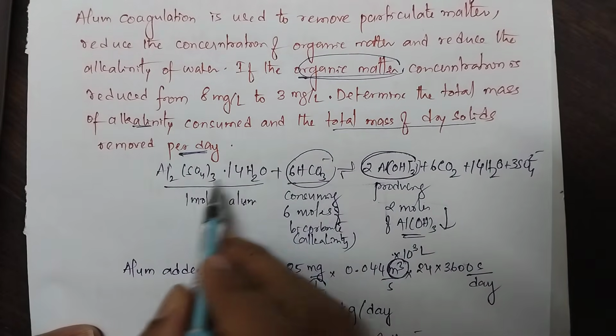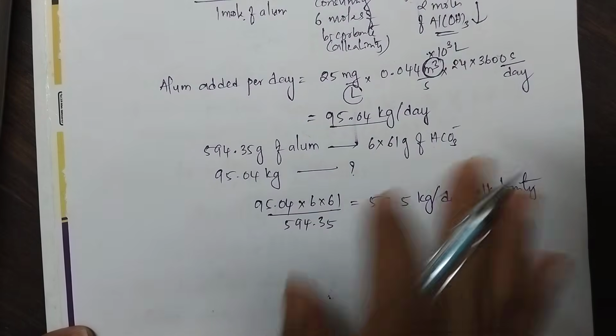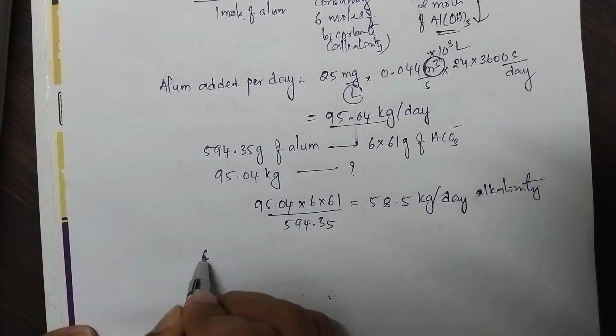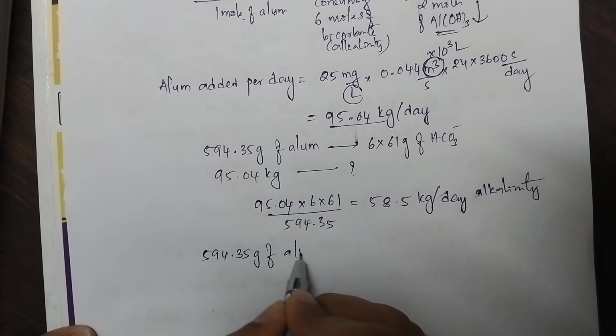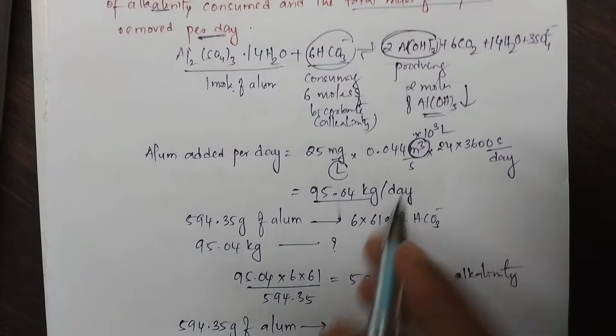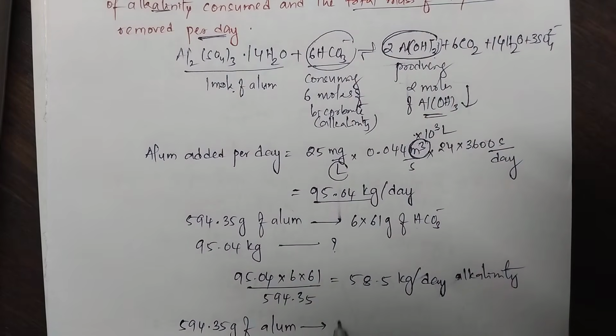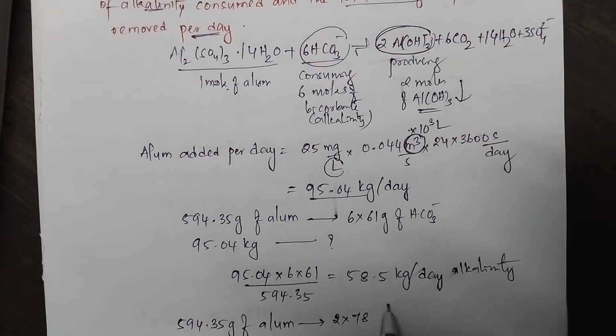As you can see from the equation, 1 mole of alum produces 2 moles of Al(OH)3. So 594.35 grams of alum is producing 2 into 78 grams of Al(OH)3.